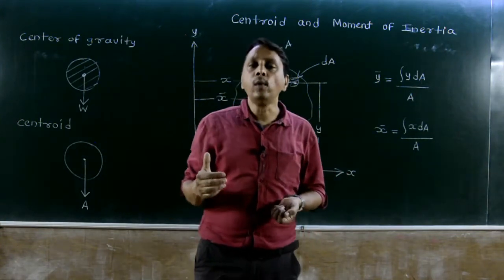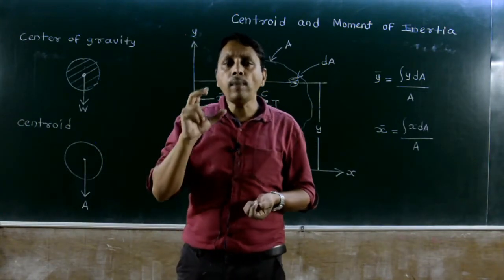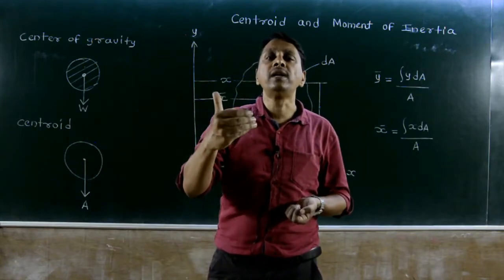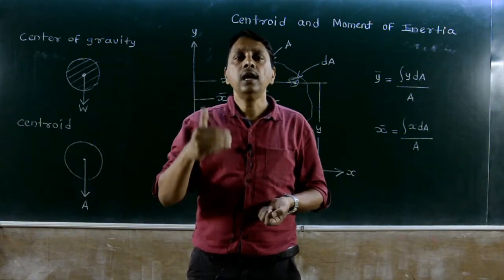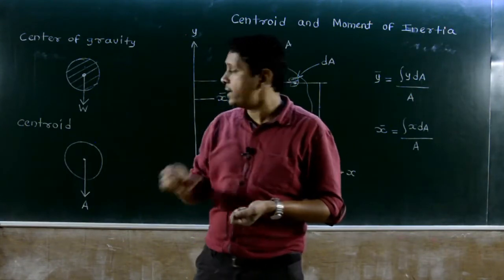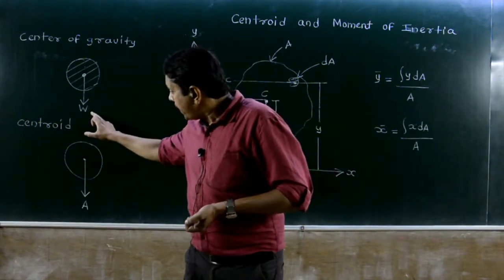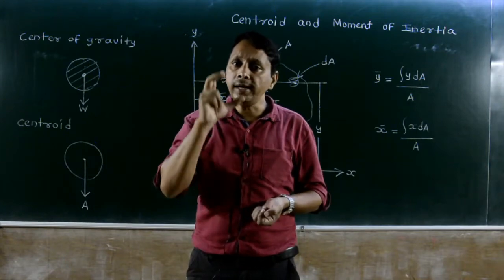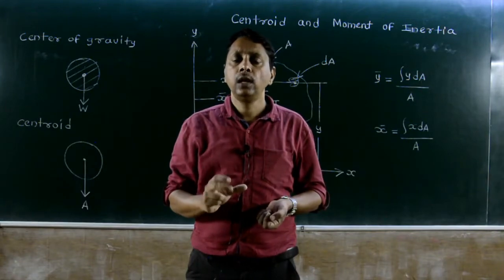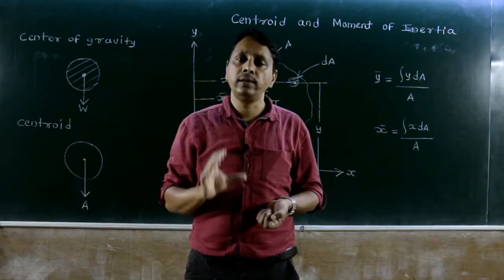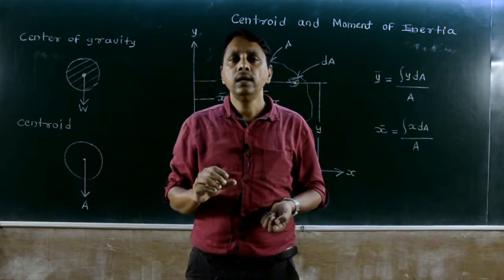For that, I am going to start with the term center of gravity. Center of gravity is applicable to a body having weight, and we define it as a point through which the entire weight of that body is assumed to act for all positions of that body, whether we keep the body horizontally, vertically, or inclined.